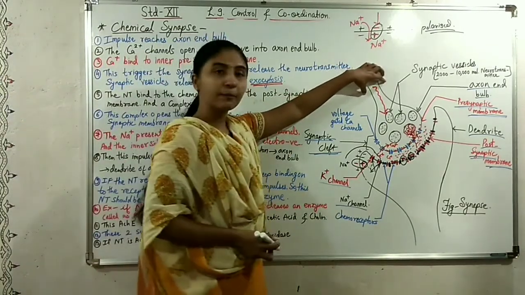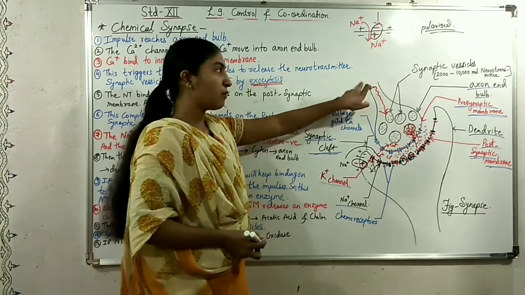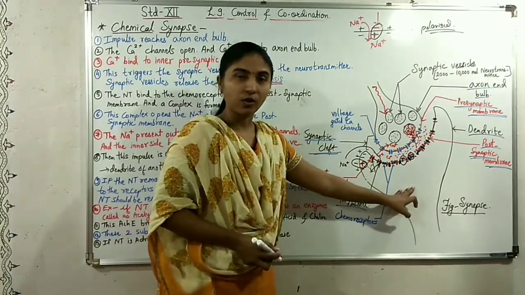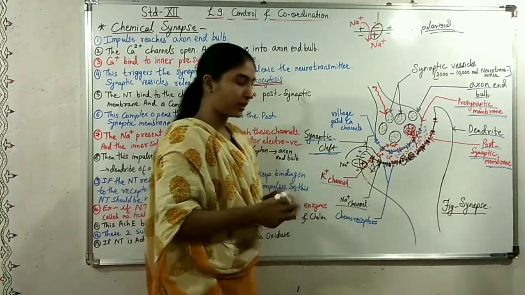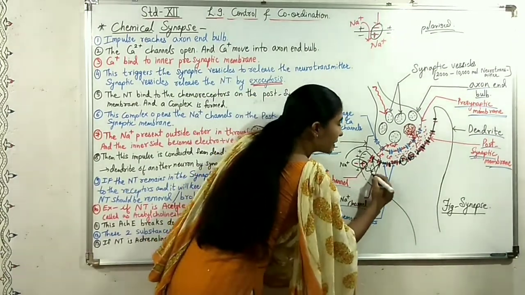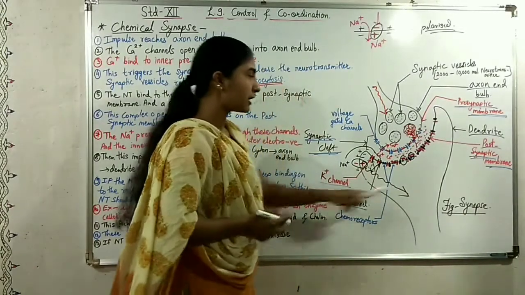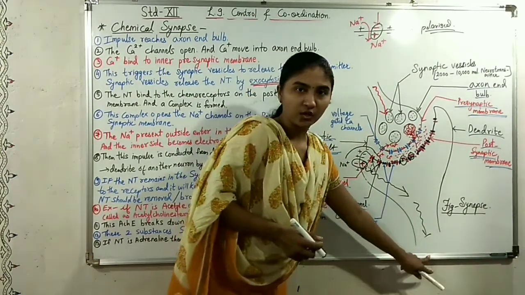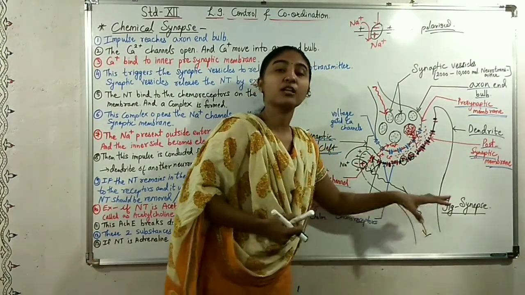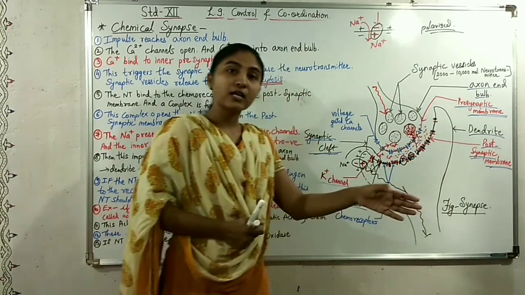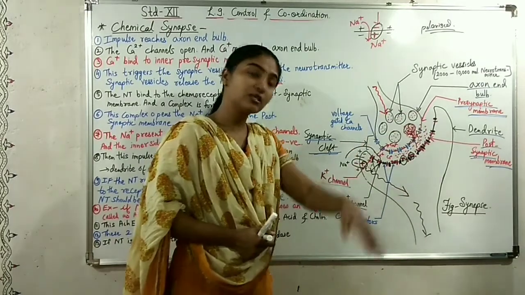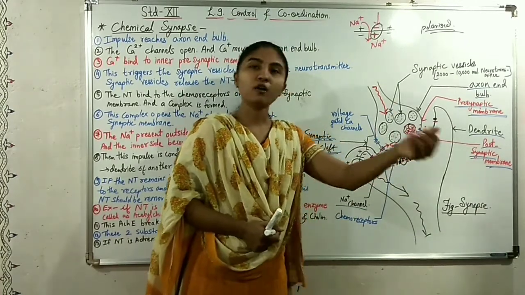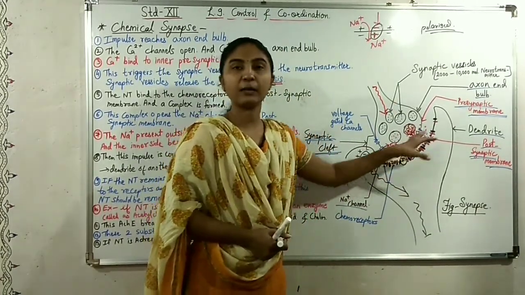This impulse is transmitted from the dendrite to the cyton, from the cyton or cell body to the axon, from the axon to the axon end bulb of this neuron, and then from the axon end bulb to the dendrite of another neuron in the same way, with the help of the synapse.